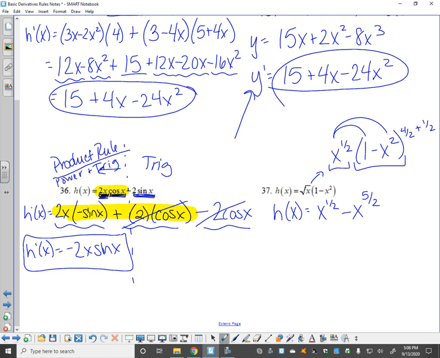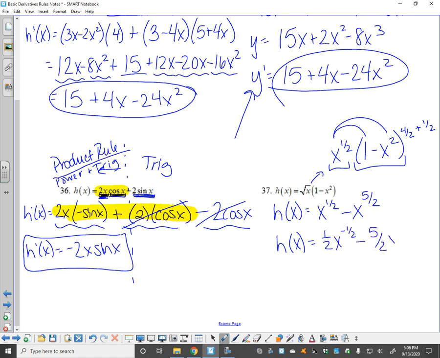Now look at it. Again, I've done no calculus whatsoever. That's all prep work. That's all algebra. But now I don't have to use the product rule. I can just use the power rule on them individually because now nobody's being multiplied by anything. So bring the power down front, take 1 off the power.